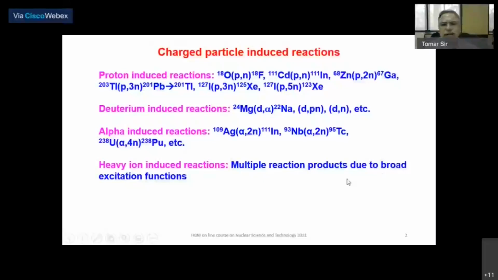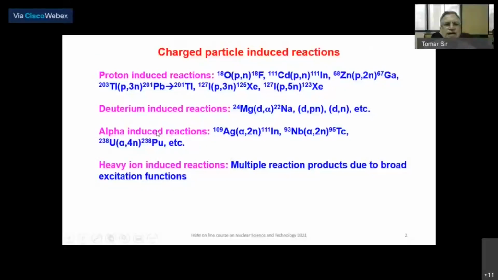The charged particles that are commonly employed to produce radioisotopes useful in many applications are mainly protons, deuterons, and alpha particles. And I will be discussing some of the useful isotopes which you will find applications in subsequent lectures.